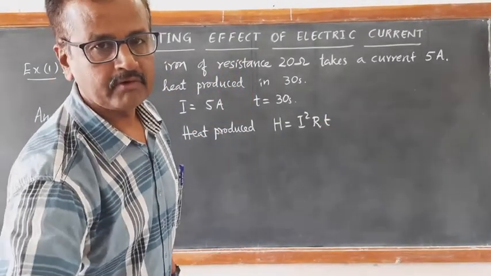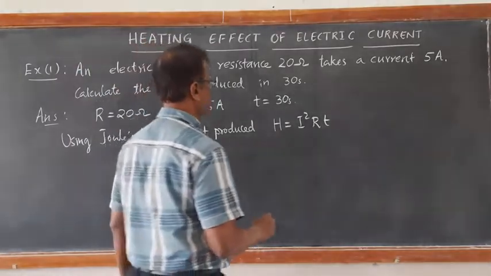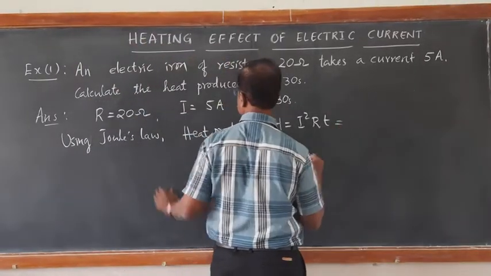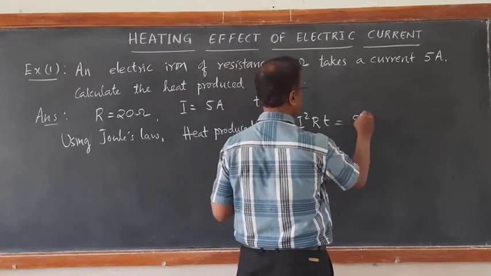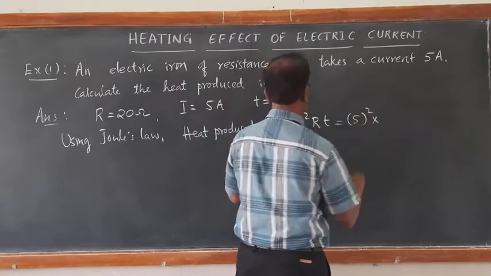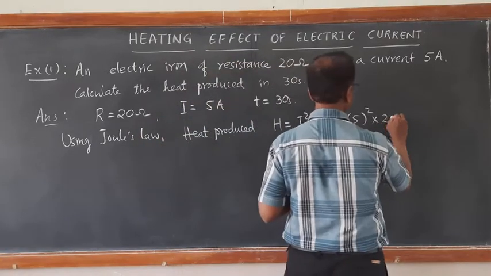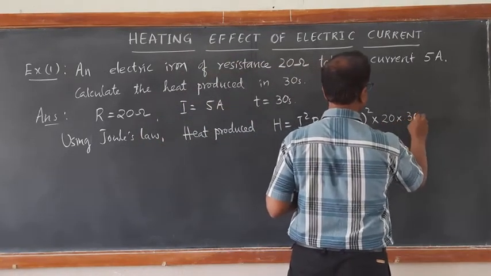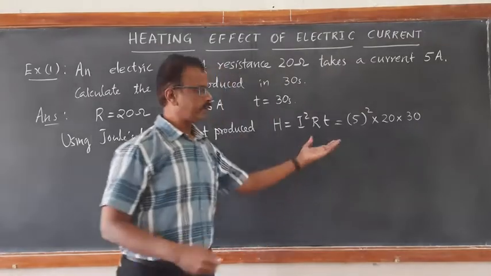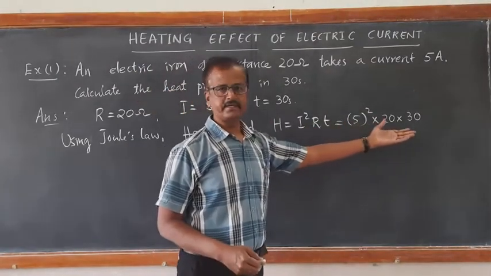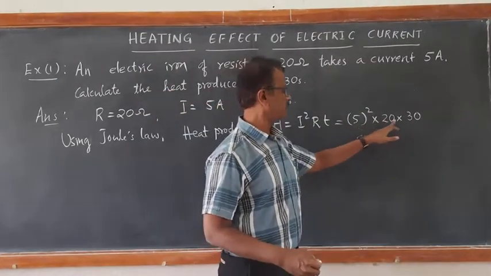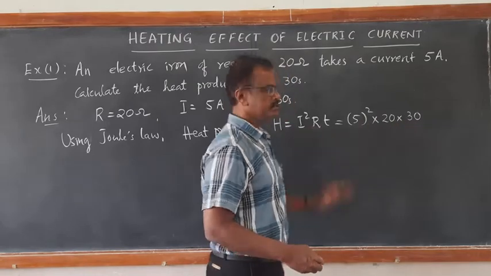Substitute the value of I, substitute the value of R, I square, 5 square. It is a direct product. Resistance 20 ohm and time taken 30 seconds. Everything is given in SI units, ampere, ohm, second.